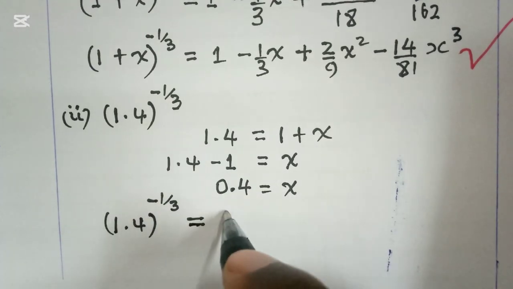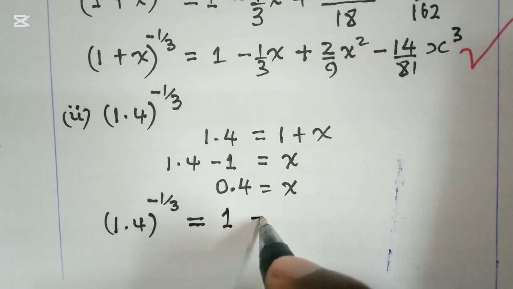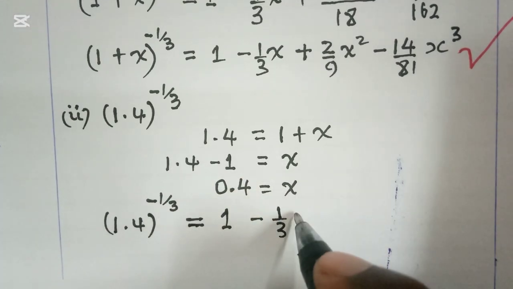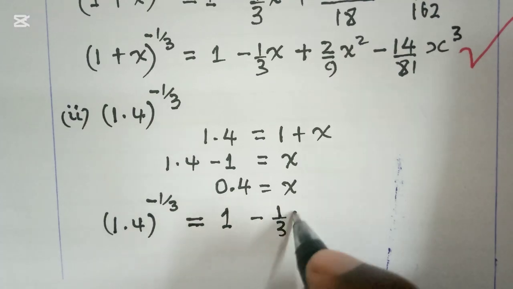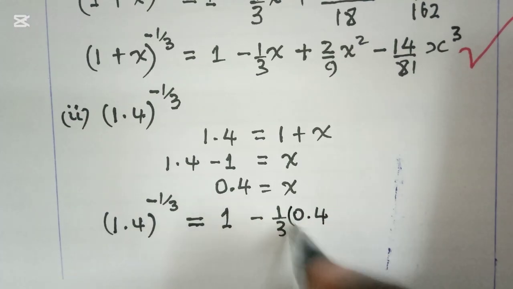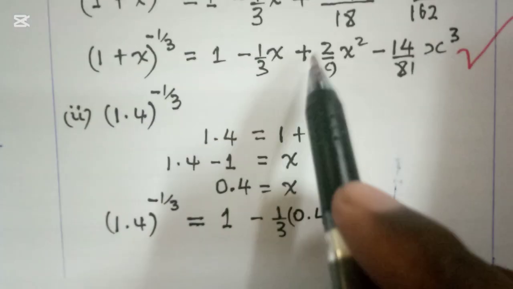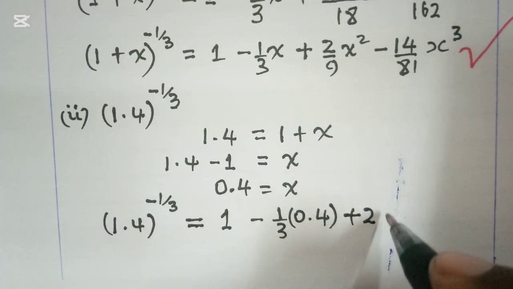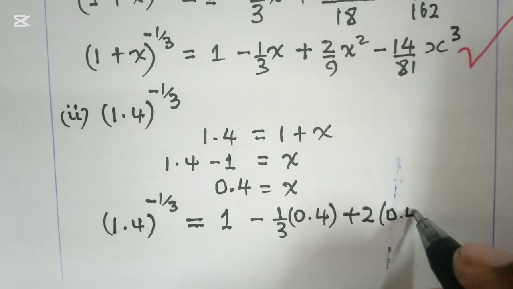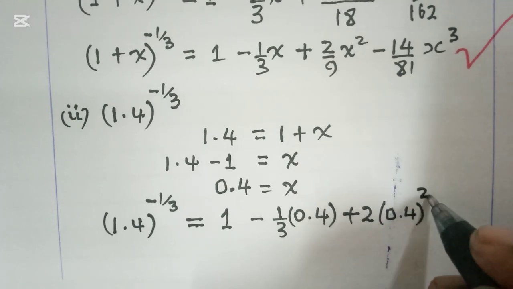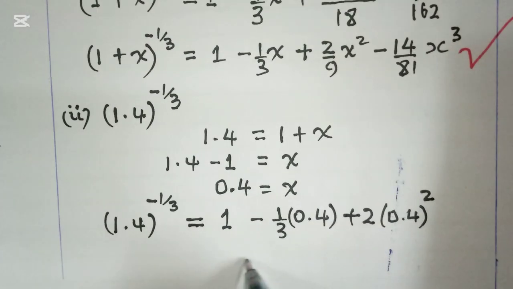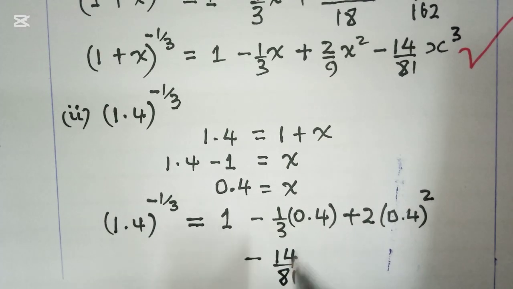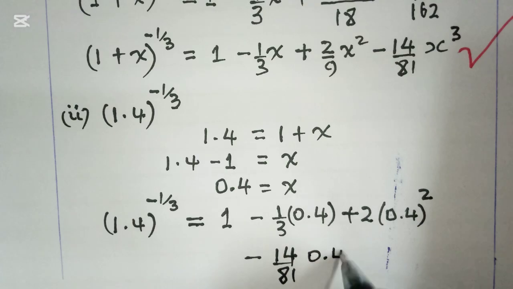So we have 1 minus a third, that is now 0.4, plus 2 over 9, 0.4 squared, minus 14/81, 0.4 cubed.